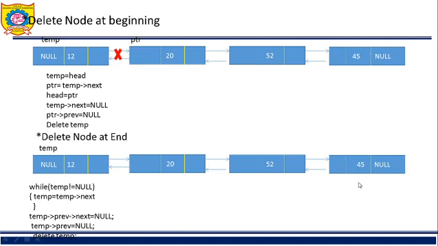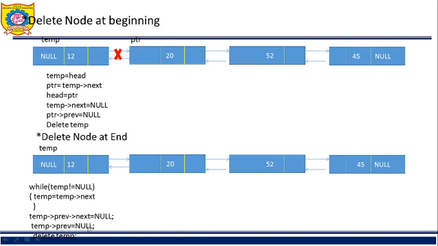If you see the difference between the singly linked list delete operation and the doubly linked list delete operation: when we delete in a singly linked list, we have to make one pointer pointing to the previous node and one pointer pointing to the node to be deleted. But in a doubly linked list there is no such case. We don't require any extra pointer pointing to the previous node, because we already have a previous link pointing to the previous node.